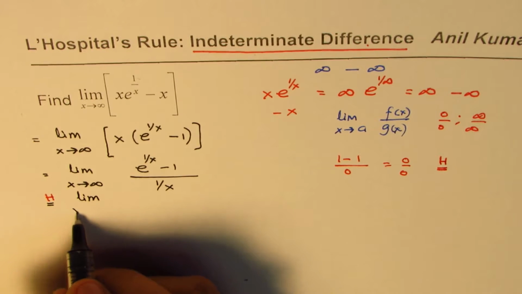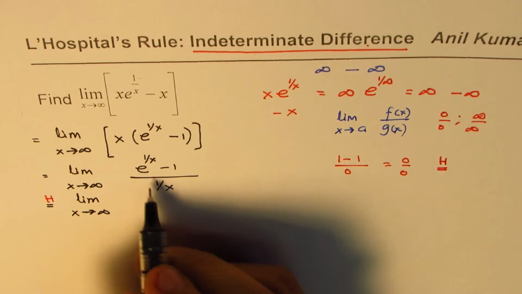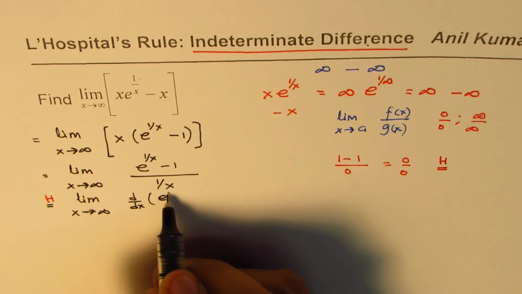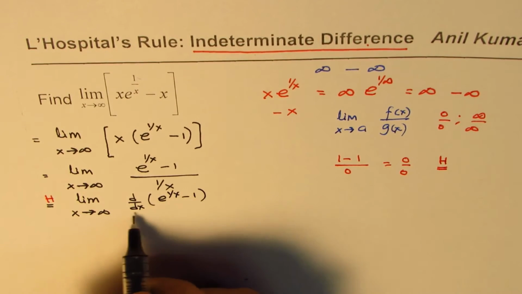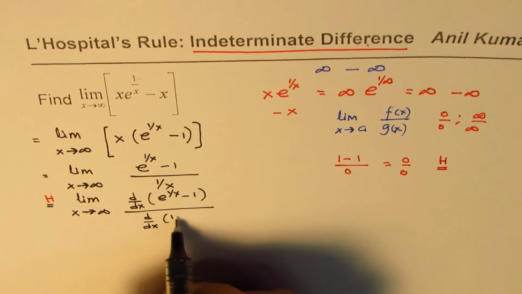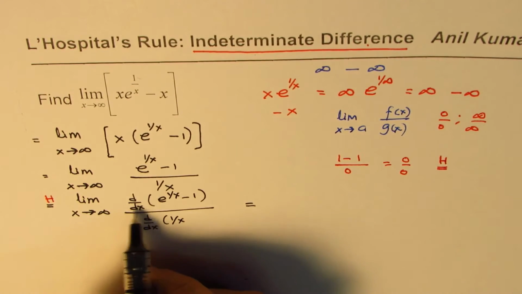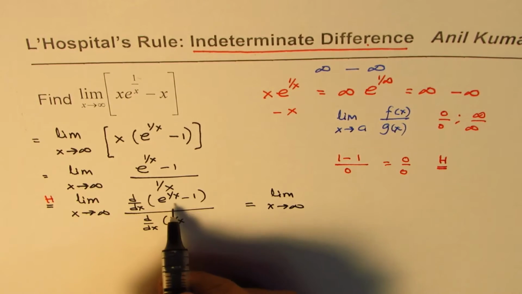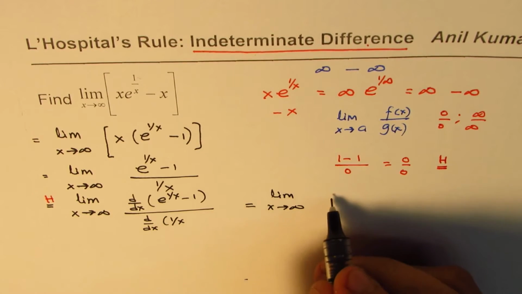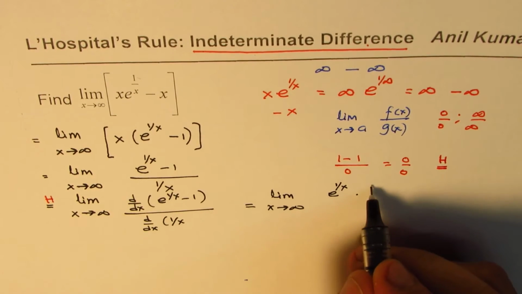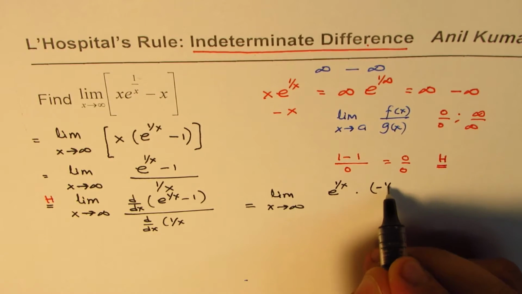So we have d dx of e to the power of 1 over x minus 1, divided by d dx of 1 over x. Now this derivative, as x approaches infinity, is e to the power of 1 over x times the derivative of 1 over x, which is minus 1 over x squared.